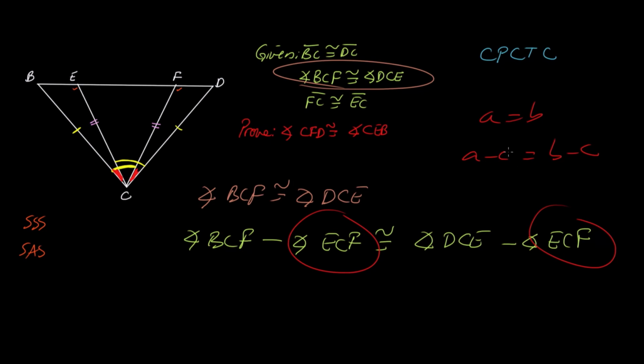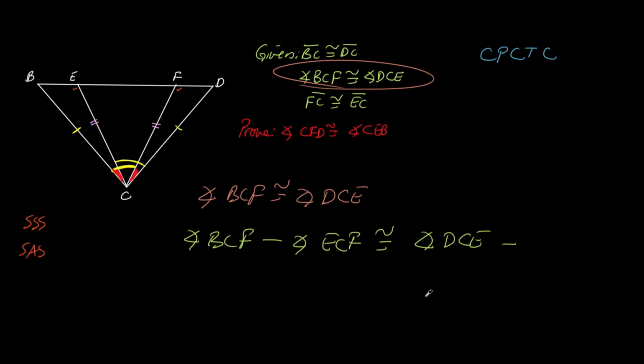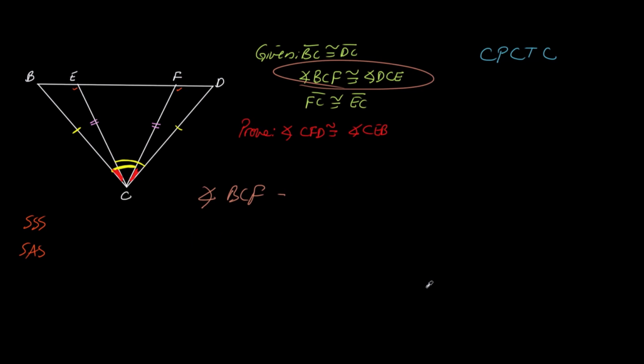The subtraction property of real numbers states that if A equals B, then A minus C equals B minus C. In the same way, the subtraction property of congruent angles states that if two angles are congruent, and you subtract the same thing from both sides, the results are congruent. So that's beautiful. That way we can get those two skinny angles to be congruent, and then we can get side angle side. This is a very beautiful question in my mind, and it's worth doing well.